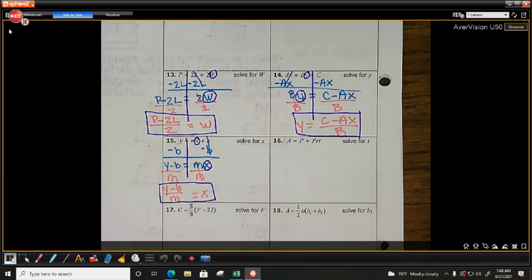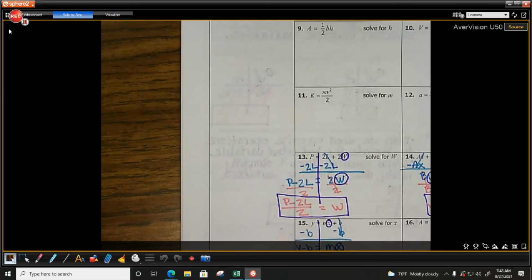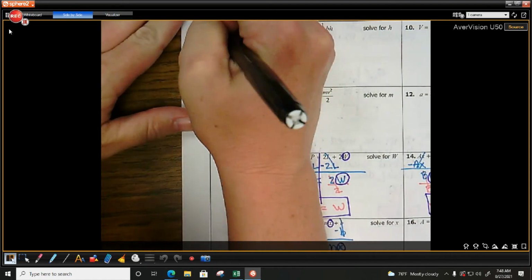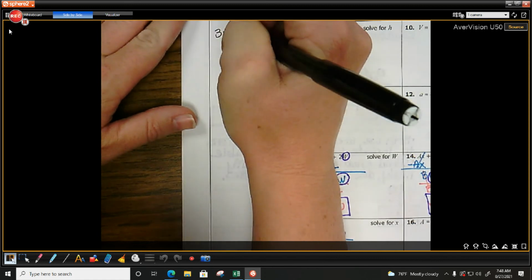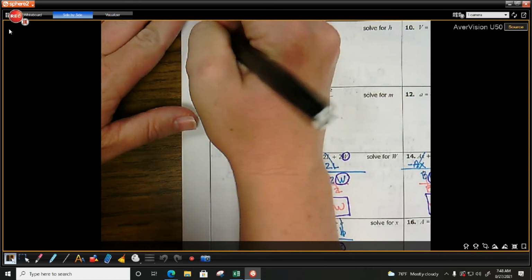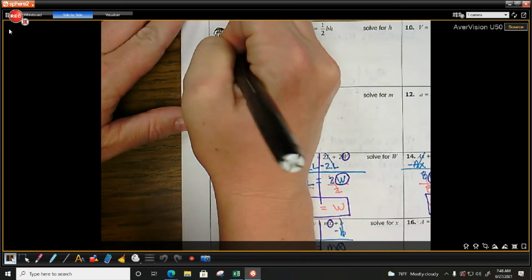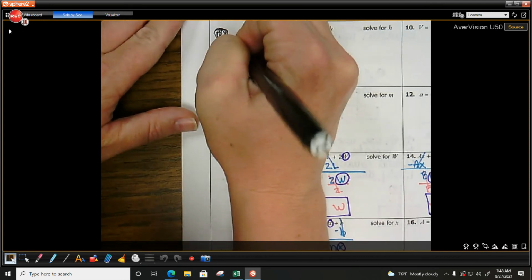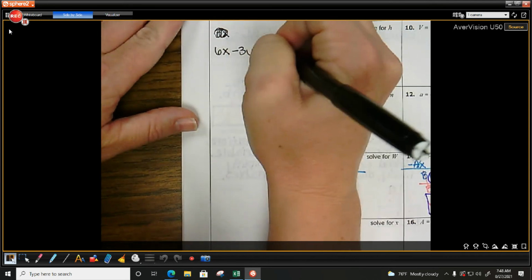Okay, we're going to do two different ones that aren't on here, so over to the side, we're going to write different problems. Okay? So let's do 6x minus 3y equals 18.